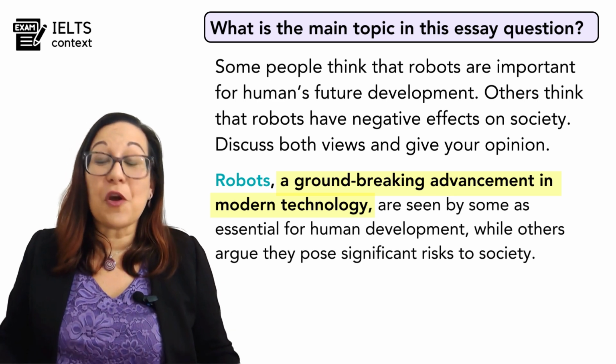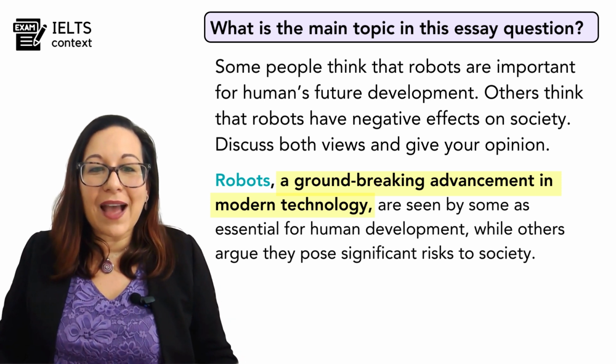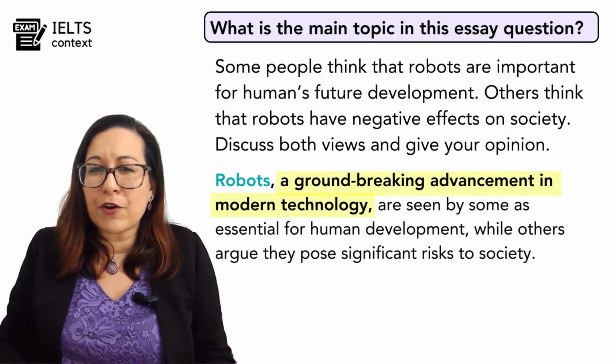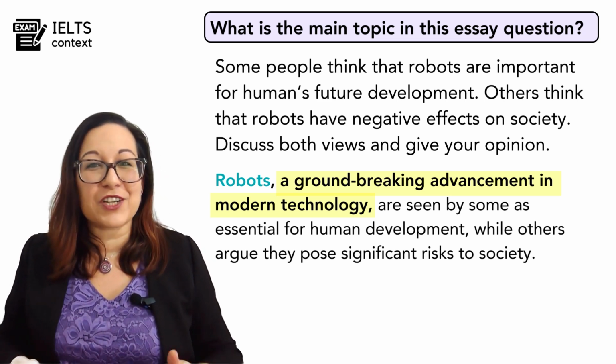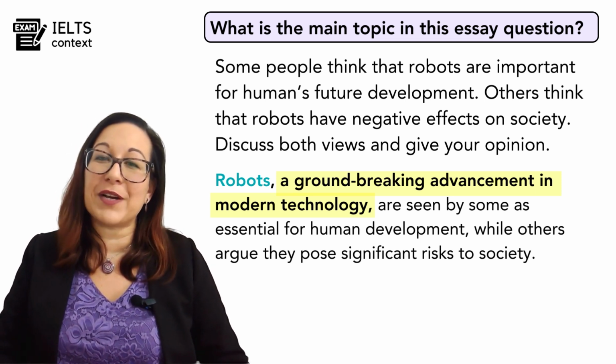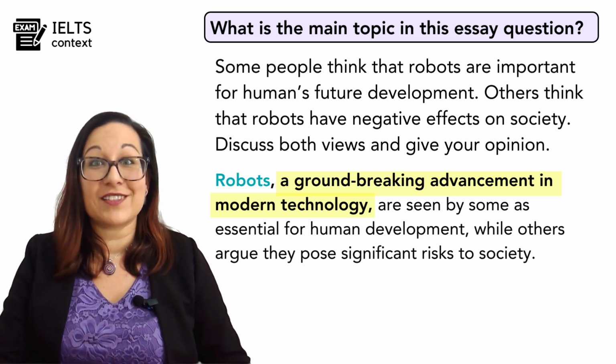Oh, we've got so much going on in the sentence. We've got lovely passive voice. We've got that nice contrast. We've got some good paraphrasing. But today we're just focusing on that lovely appositive phrase that we've put in there to give more detail about robots, which is the topic.